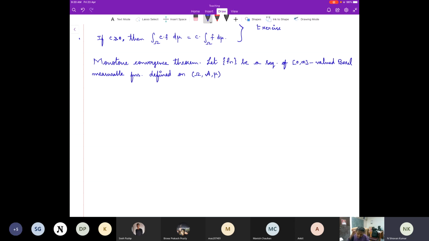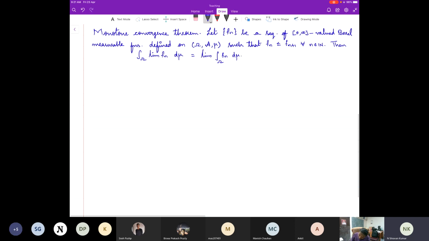That means there is a measure space (Omega, A, mu) and these functions are defined on Omega, such that F_n is less than or equal to F_{n+1} for all n in N. Then the integral over Omega of the limit of F_n d mu is, in fact, equal to the limit of the integral over Omega of F_n d mu.